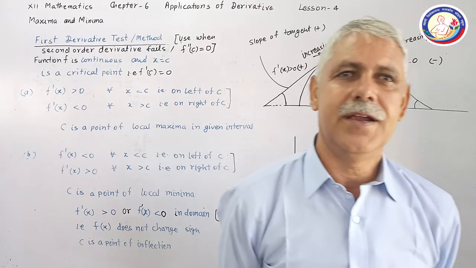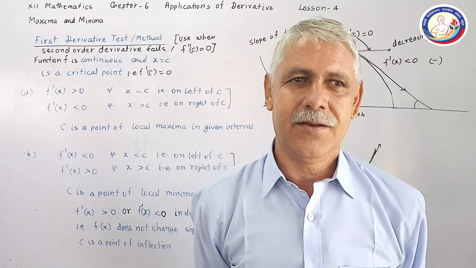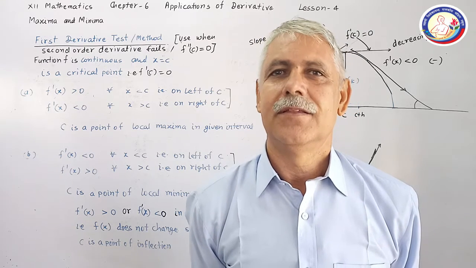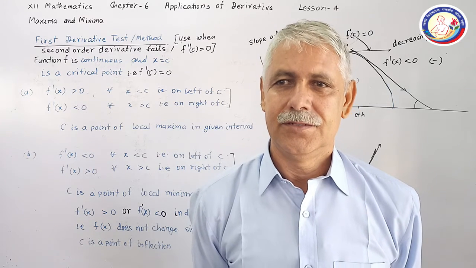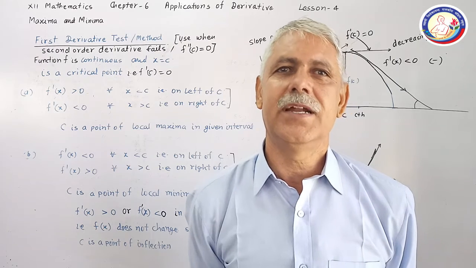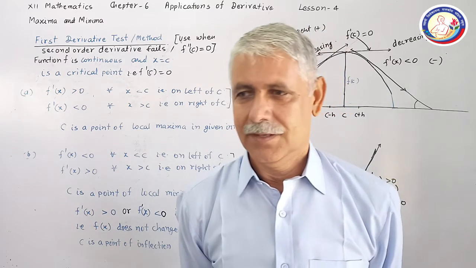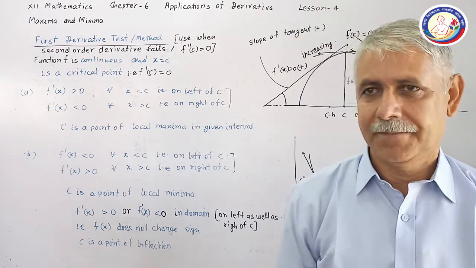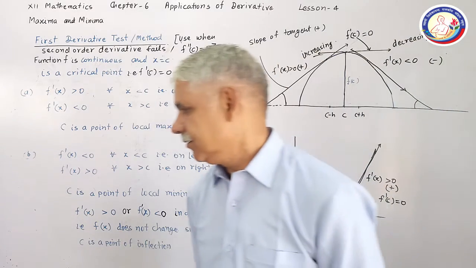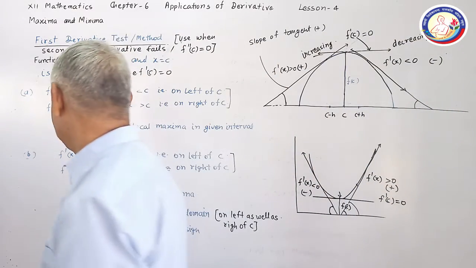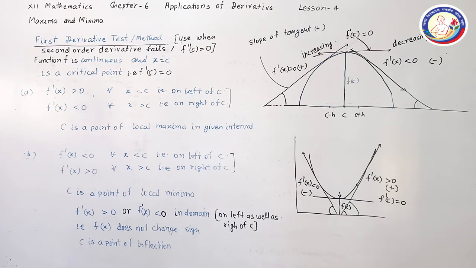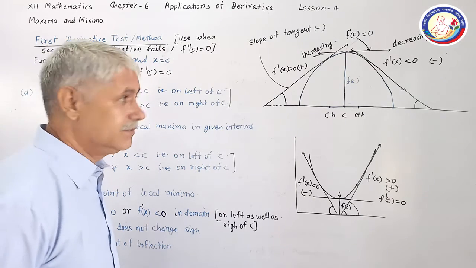If we want to find local maxima or minima, then we will choose the second derivative test. We have discussed it. If the second derivative's value at the critical point is greater than 0 or less than 0, we can use that test.